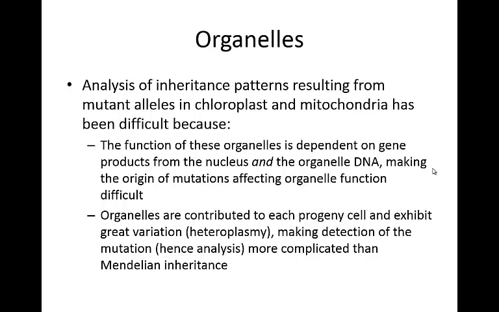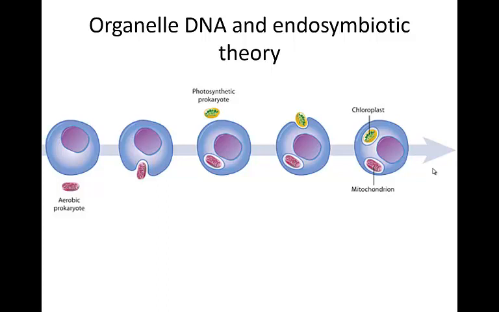However, there have been a lot of studies looking at mitochondrial DNA in particular, sequencing it, trying to identify where these mutations are happening. So with these organelles, we have to talk about where did they come from? And where they came from is this endosymbiotic theory.